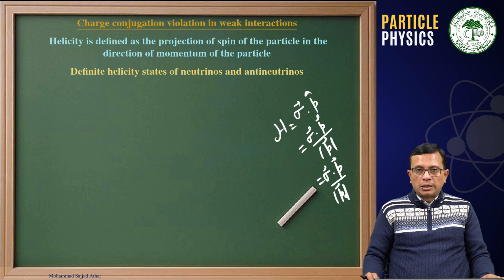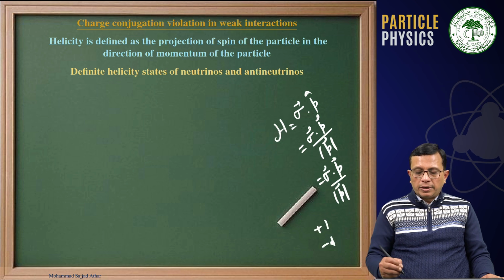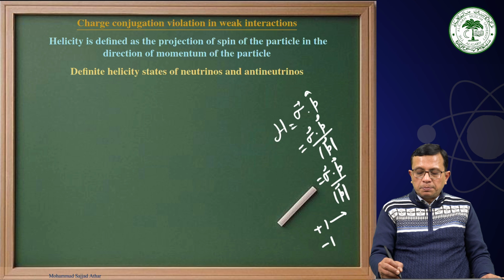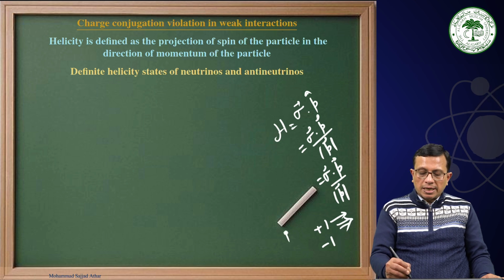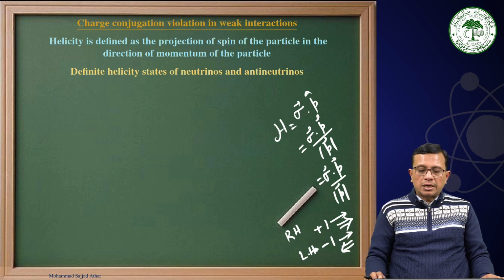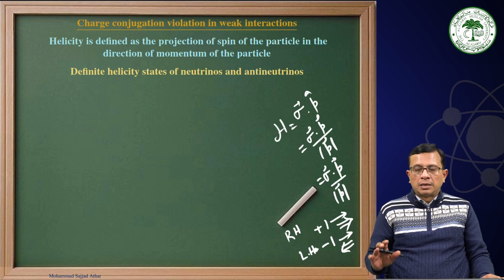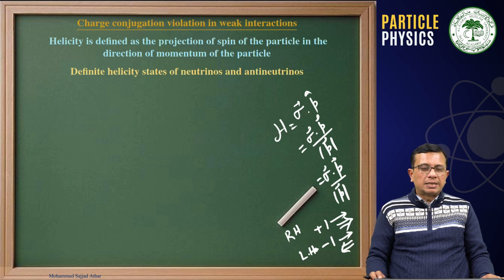This was defined by the following values: plus 1 or minus 1, which we call the spin and momentum. If they are in the same direction, this we will call the right-handed helicity state, and minus 1 means spin and momentum are in the opposite direction. This is the left-handed helicity state. We discussed in the class that for a massless particle, the particle will have definite helicity, but for a massive particle, it won't.